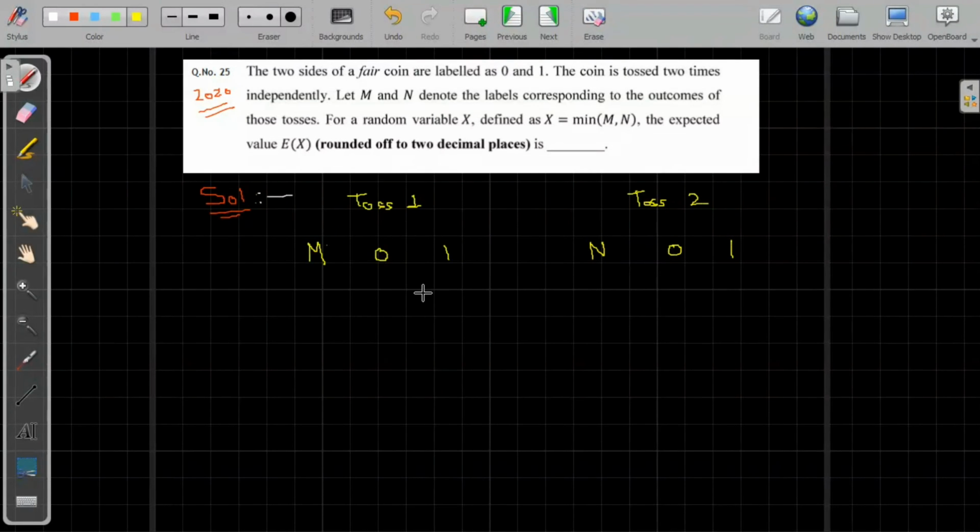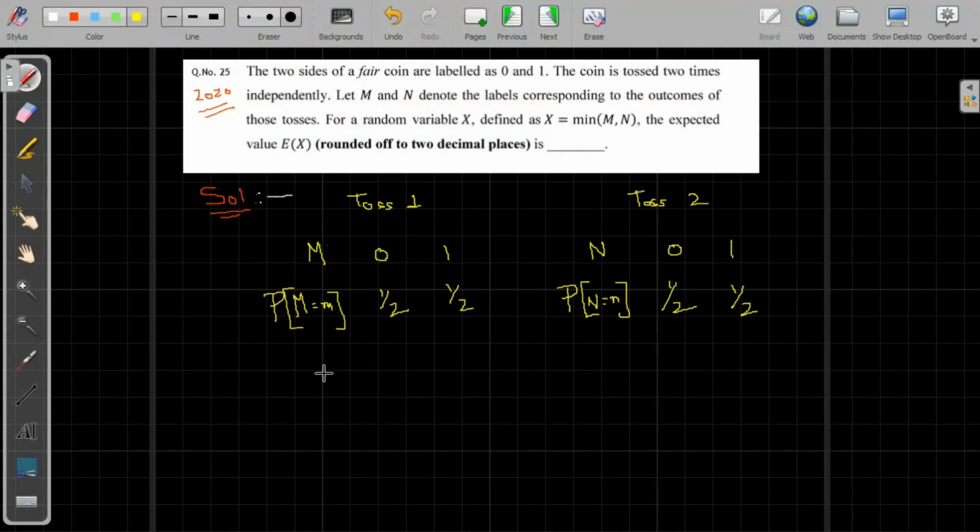Since both the tosses are fair, the probability that capital M is equal to small m will be 1 by 2 when the output is 0 and 1 by 2 when the output is 1. Similarly, for random variable capital N, the probability that capital N is equal to small n will be 1 by 2 for both cases. It is also given that m and n are independent random variables.